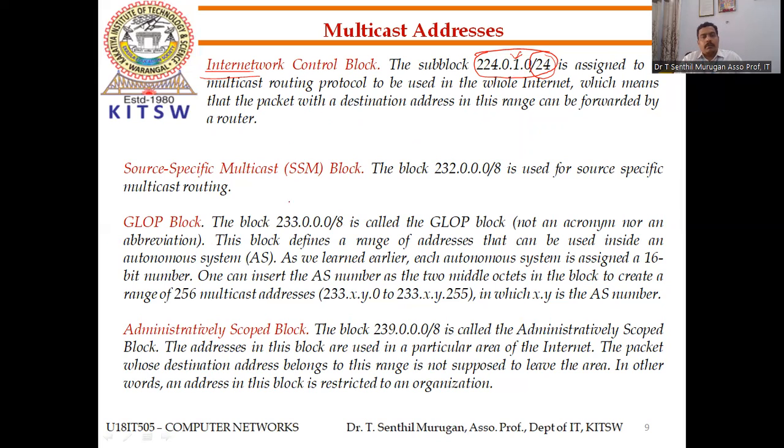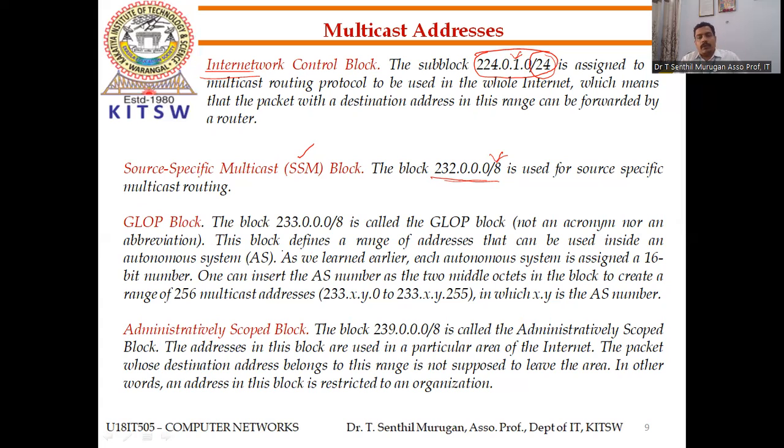Then another block is the source specific multicasting block. This block uses the 232.0.0.0/8 notation. These 8 bits decide the number of addresses in the SSM block. In the GLOP block, what is GLOP? Don't ask for any expansion or abbreviation; it is simply a name we use on the internet.